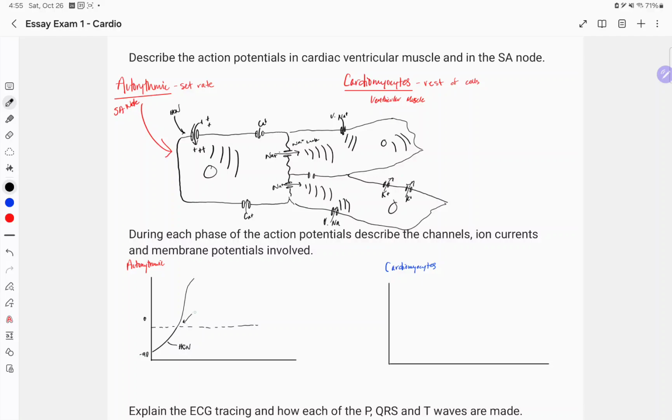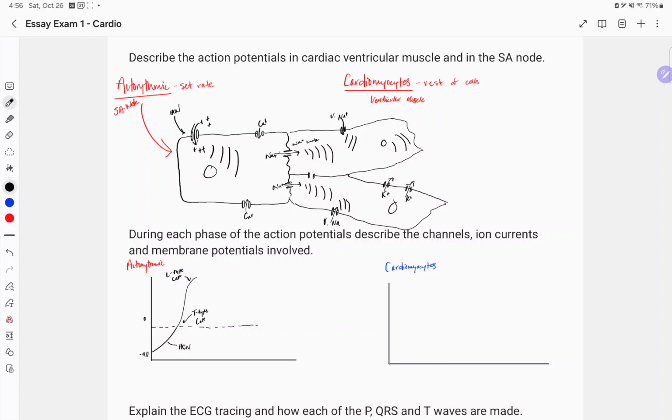Right here is going to be our T-type calcium channels that are opening, and then we have our L-type calcium channels opening here. And that is causing the cell to become more positive.